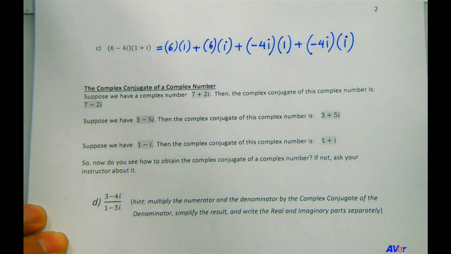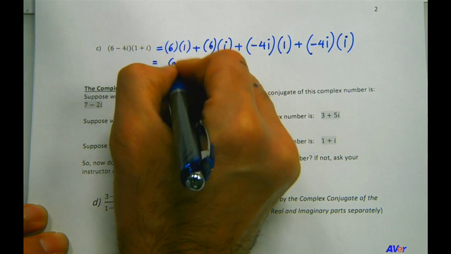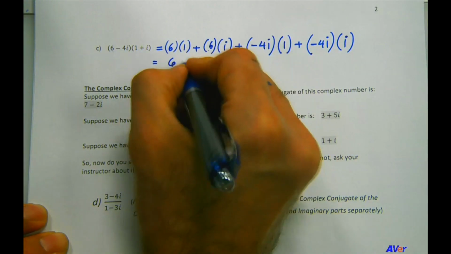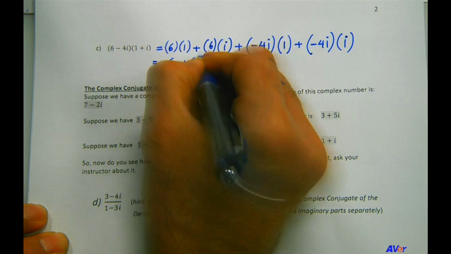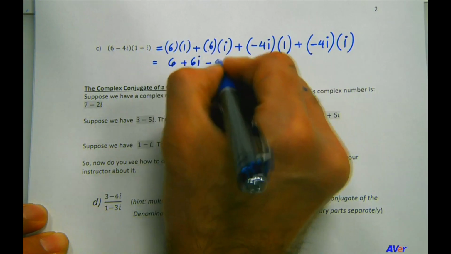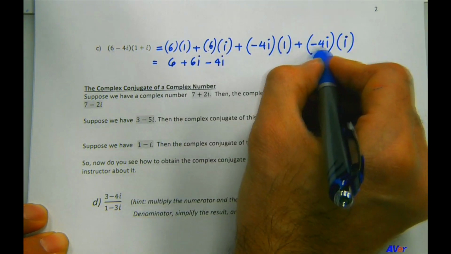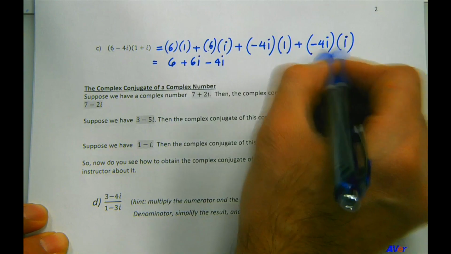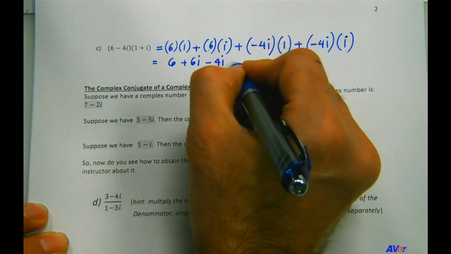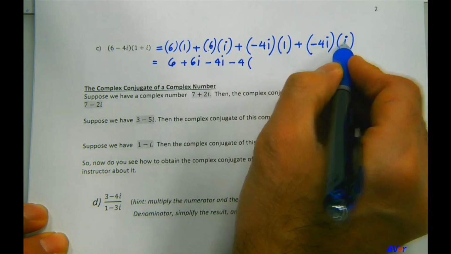Okay? So let's simplify. 6 times 1, 6. 6 times i, 6i. Minus 4i times 1, minus 4i. Plus minus 4i times i, got to be careful here because we have minus 4 times i times i.